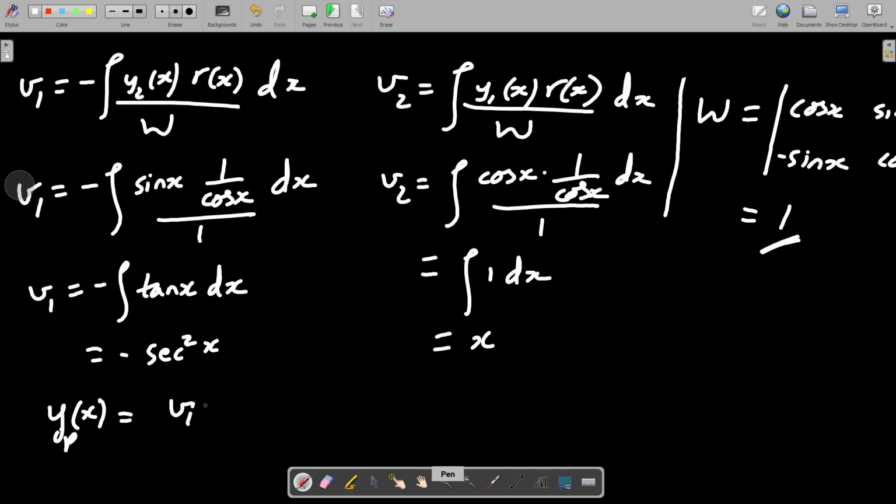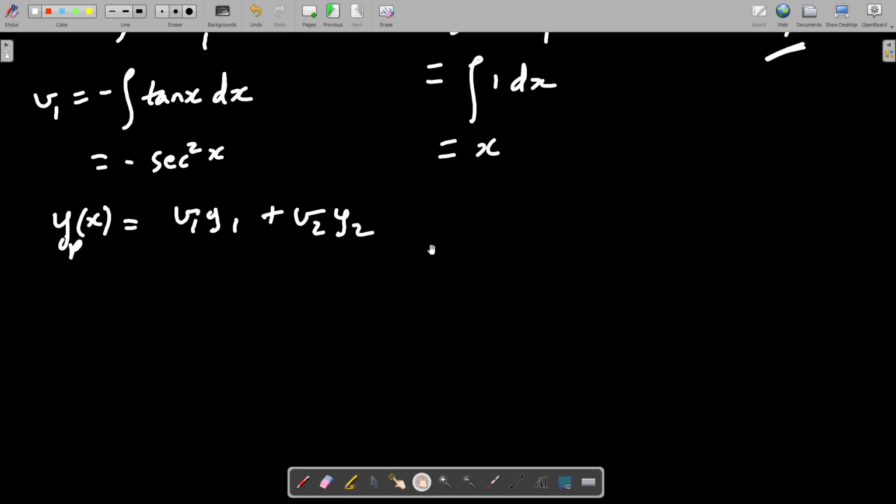yp of x will be v1 y1 plus v2 y2. So this is sec square x into cos x plus x times sin x. But sec square is actually 1 upon cos square, right? So one cos will cancel here.